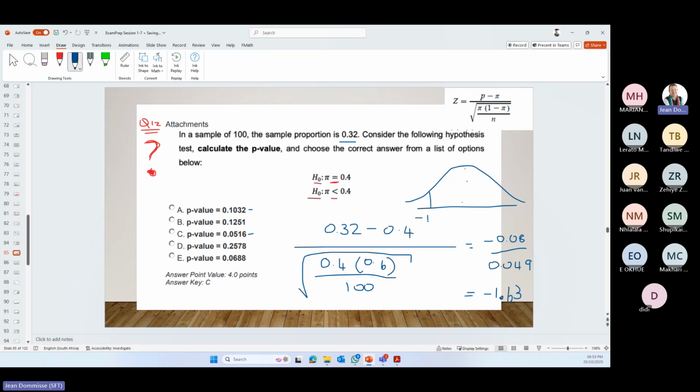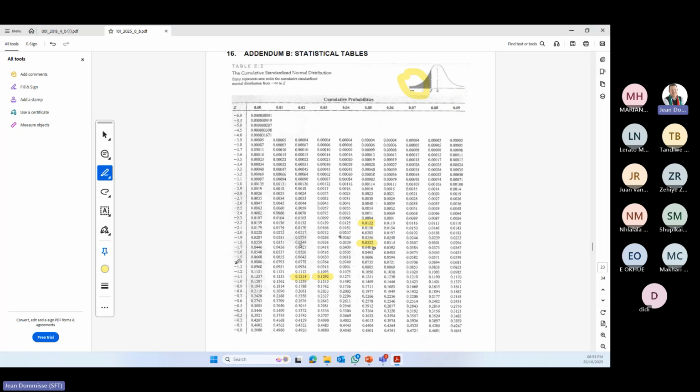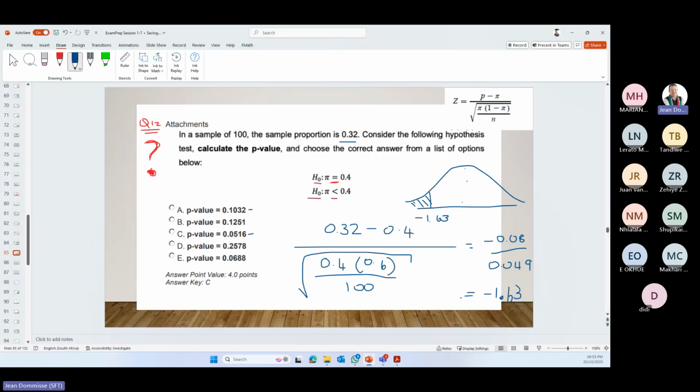Let's check minus 1.63. Minus 1.63 gives 0.0516. Okay, so that is 0.0516. You look at that, it shows one direction, so that is why we choose the one-sided.